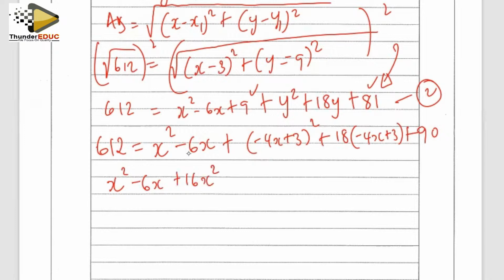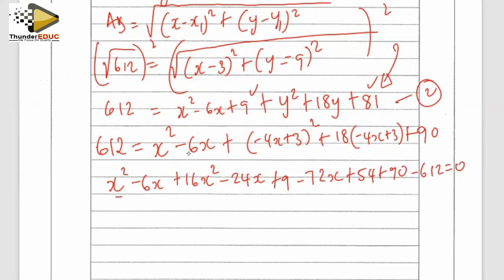This is 12 times 2, I'm going to get 24X. After getting the 24X, I'll have a plus 9. Open that up, I have -72X. 18 and 3 is going to give me a positive 54, and then plus 90. And then I'm subtracting 612, which should give me a 0.